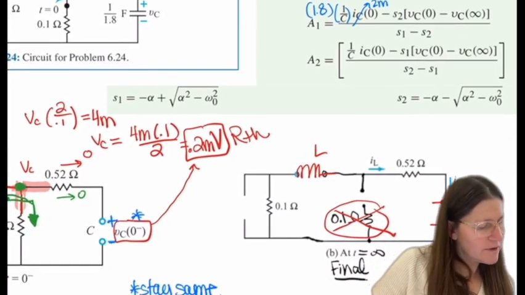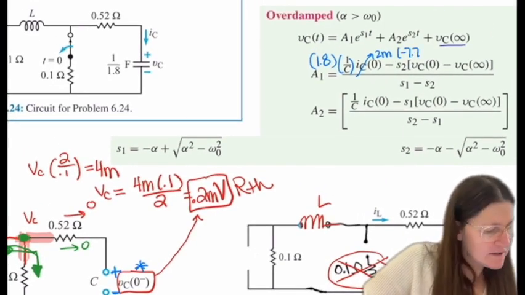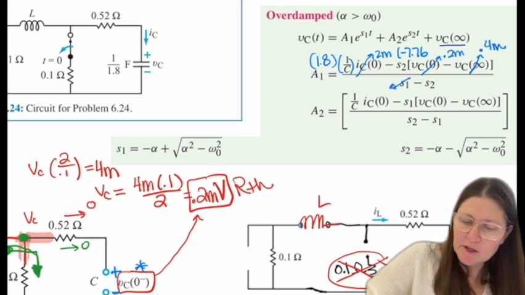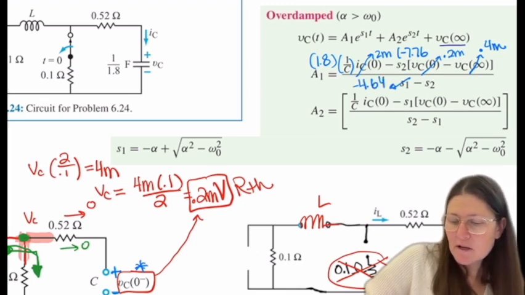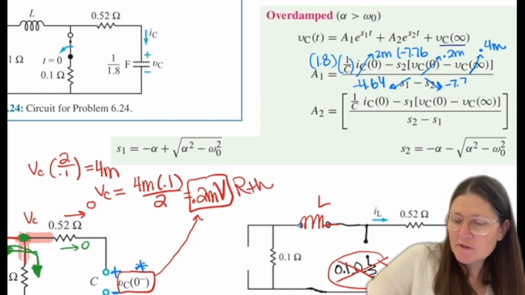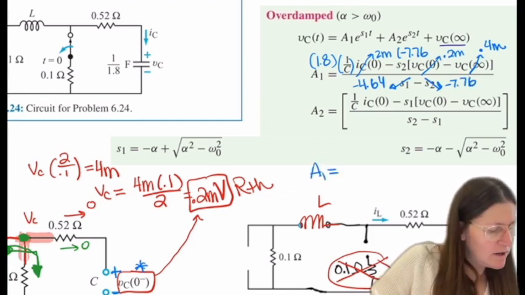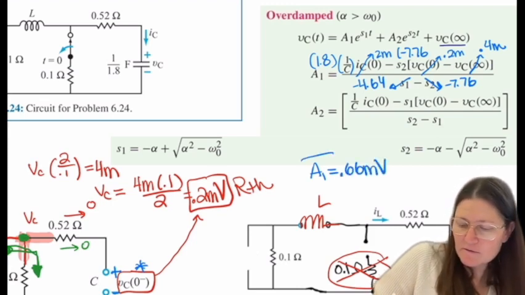What was S2? Minus 7.76. VC0 is 0.2 milli, and VC infinity was 0.4 milli. And then S1 was minus 4.64, and S2 is minus 7.76. So this gives me an A1 of 0.66 millivolts.